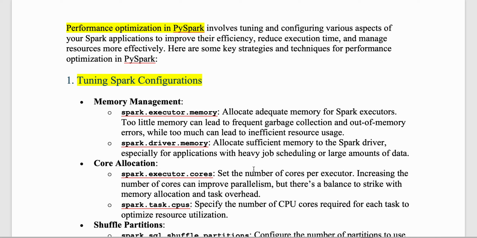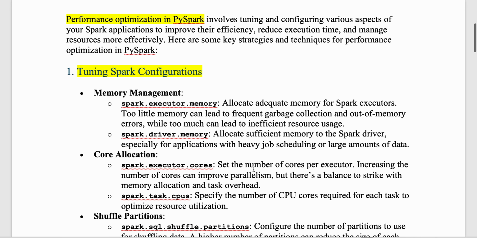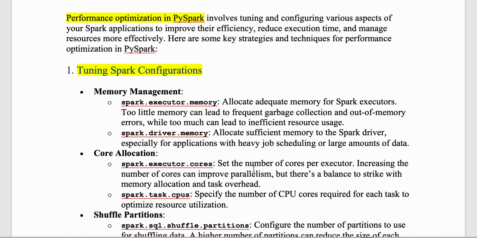If your core count is more, your job will run more in parallel, but you have to balance the memory allocation and task overhead for that. Then spark task cpus: you have to specify the number of CPU cores required for each task. So in core allocation you can take care of the number of cores per executor or the number of CPUs required for your task.